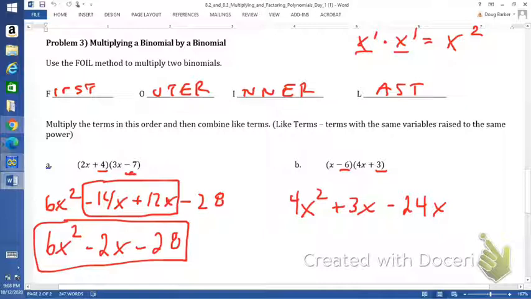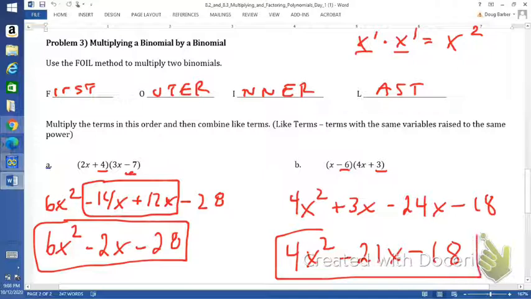You multiply those together, you're going to get negative 18. Combine like terms, so we have 4x squared. And then 3x minus 24x gives us a negative 21x minus 18. There's your answer.